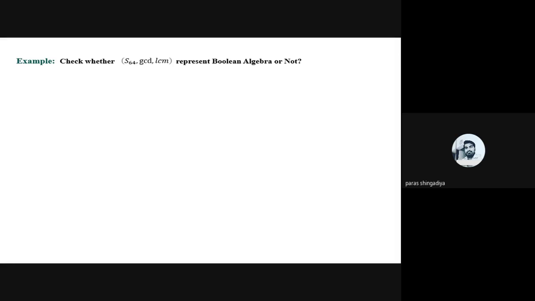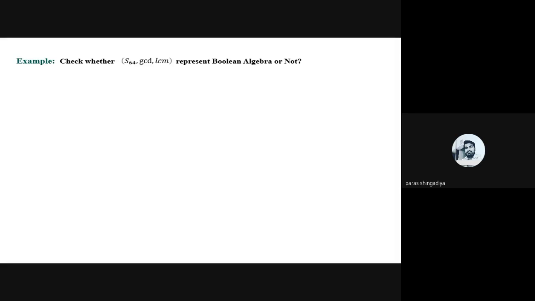Now the next example of this topic is S64. Let us check whether S64 is a Boolean algebra or not.